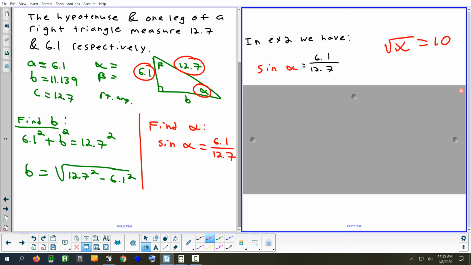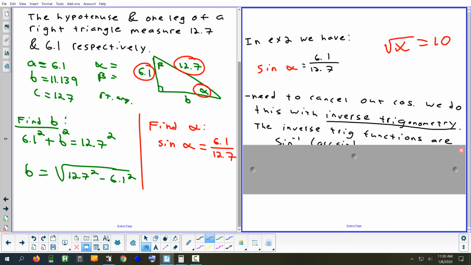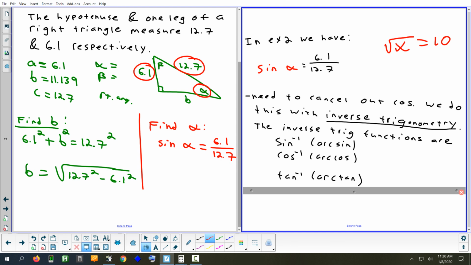You can't get rid of a sine function by adding, subtracting, multiplying, and dividing. It's a word. It's not arithmetic. So what you have to do is use inverse trig. What inverse trig does is basically like doing something like this: the square root of 3 squared. The two operations cancel each other out.